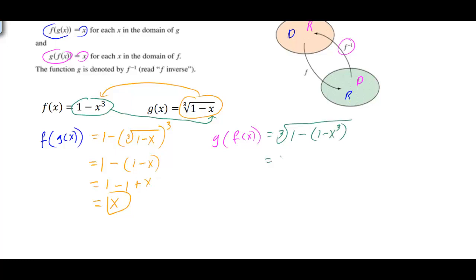And we simplify this, and we distribute the negative, we get 1 minus 1 plus x cubed. So the 1's cancel, and we're left with the cube root of x cubed, which equals x. So now that both of these are equal to x, we can conclude that f and g are inverses of each other.